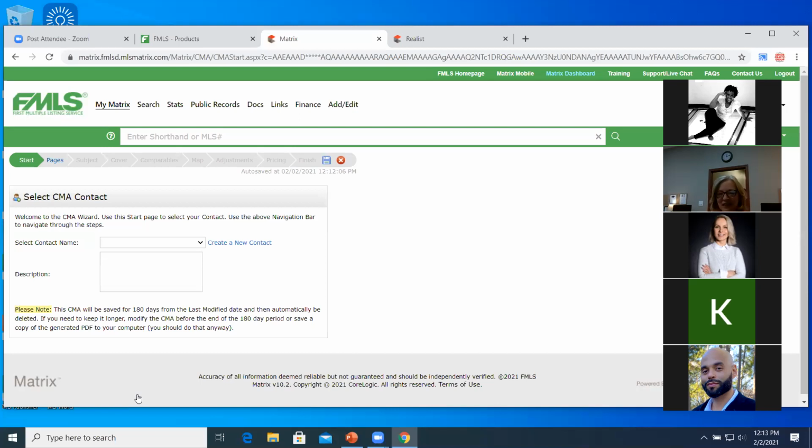Because if it looks really good and flashy, but you can't explain it or don't know why, it doesn't make a lot of sense to them. So the answer is, it's not every single time you're selling a house that you need to do the full CMA. The quick CMA could work just fine.